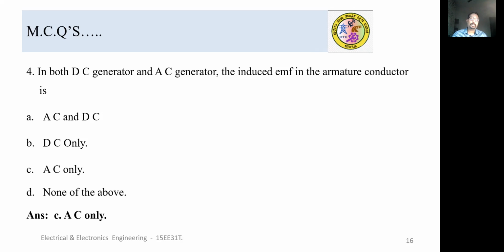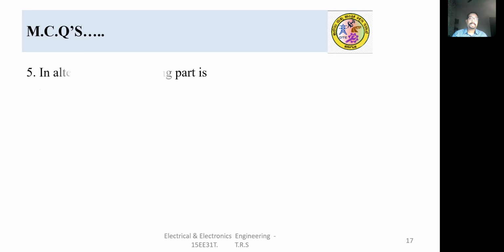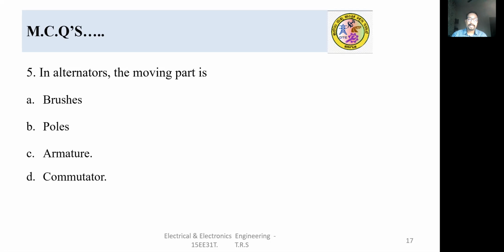That is AC only. The next MCQ: in alternators, which is the moving part? I have highlighted that important difference while learning the difference between alternator and DC generator. So which is the moving part? The brushes, poles, armature, commutator?